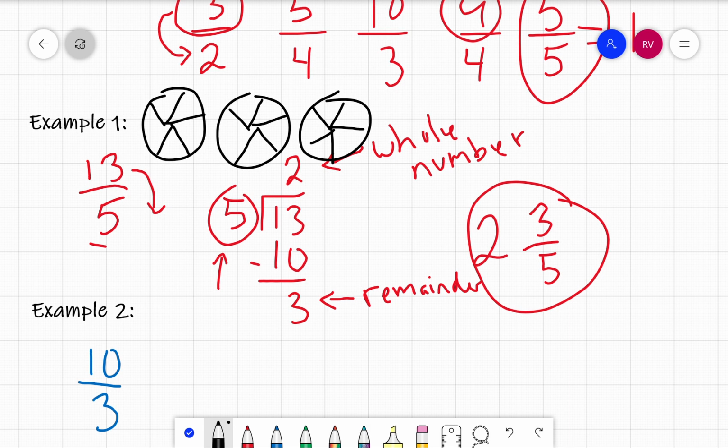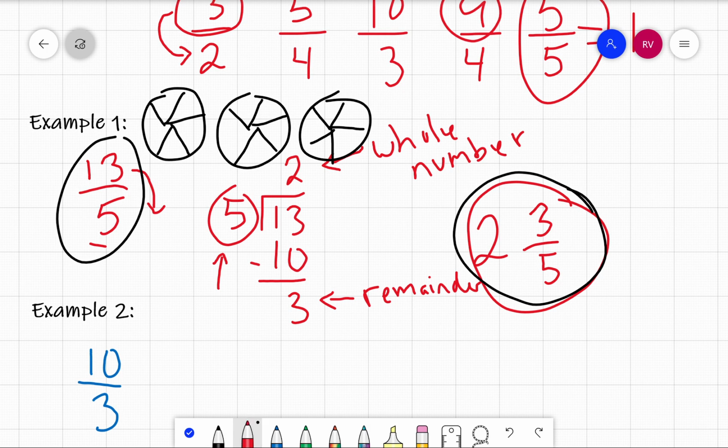So now we need to shade them in to prove that 13/5 is equal to our new mixed number that we created here, 2 and 3/5. Okay, so if we shade these in, we have 1, 2, 3, 4, 5. There's 5/5 so far. 6, 7, 8, 9, 10, 11, 12, 13.